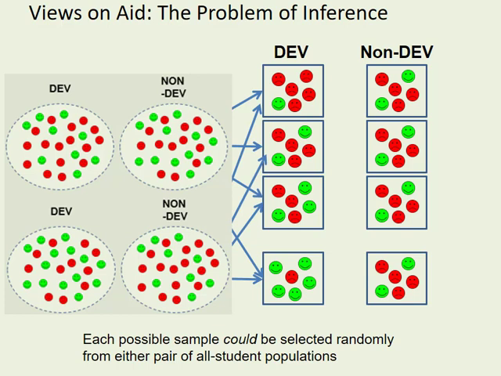So you need to think carefully about this slide and make sure you can understand how any of these pairs, right, you could have chosen this pair of samples randomly if the real situation in the population is like this, or if it's like this. So just make sure you understand that any of these pairs of samples could have come from either parent population, because that's an important thing to understand.